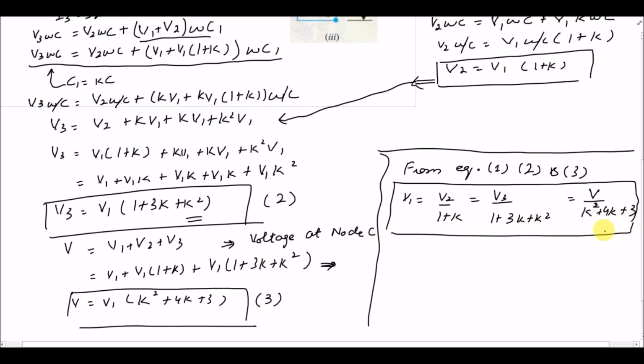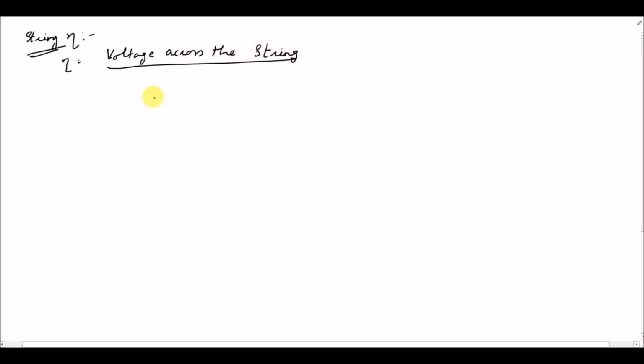Now if I have to find the string efficiency for this particular case, from the formula we know that string efficiency is equal to the voltage across the string divided by the total number of discs multiplied by the voltage across the disc nearest to the conductor.